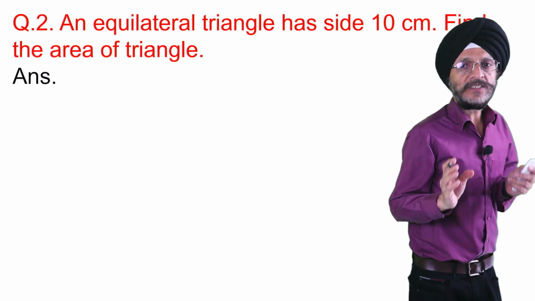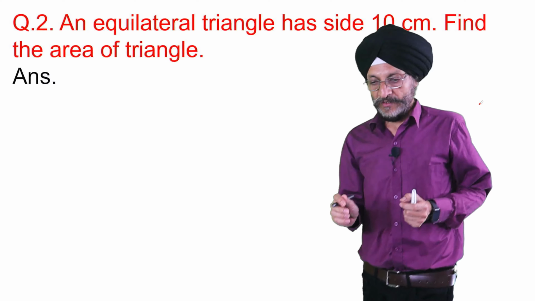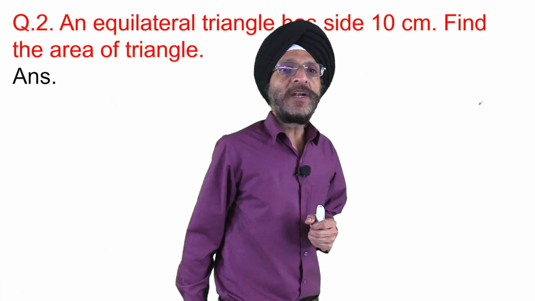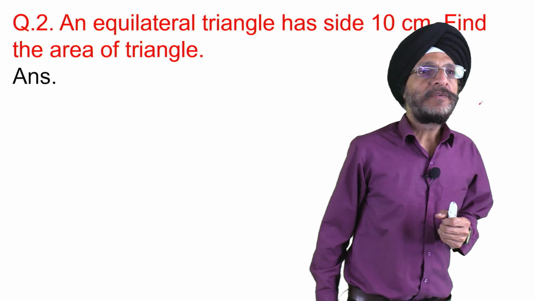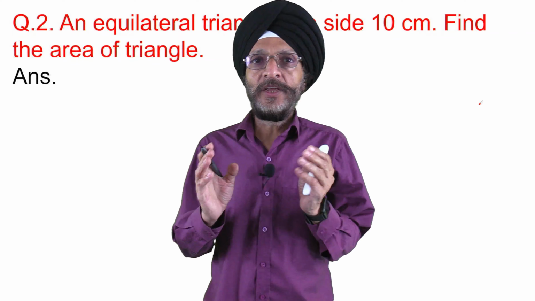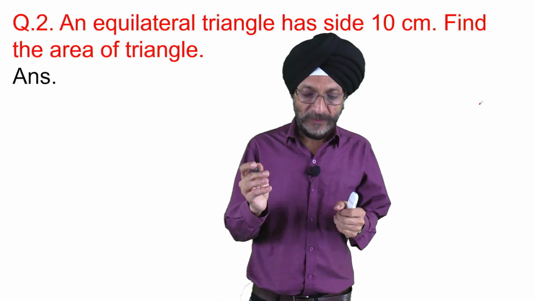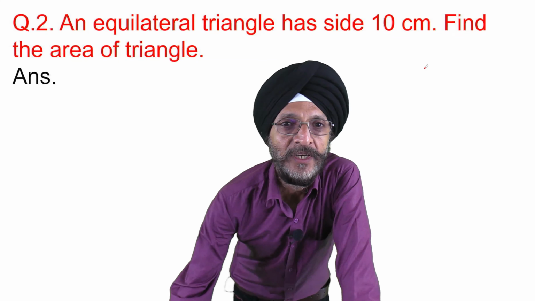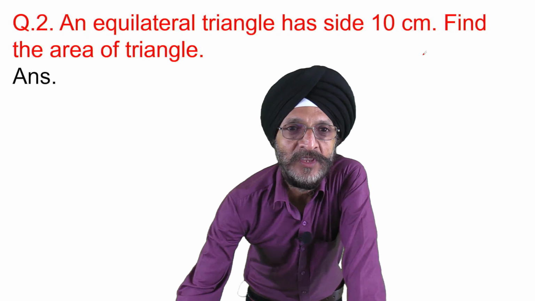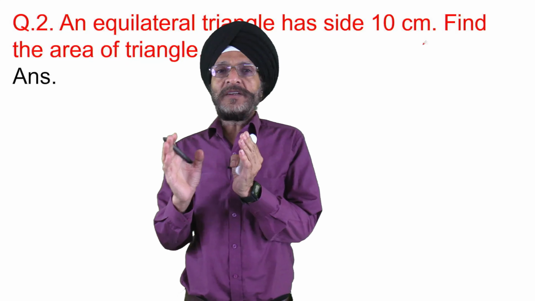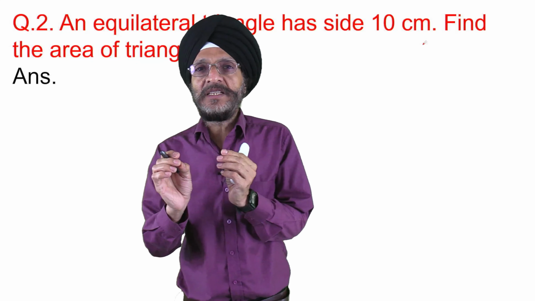Now we will understand how to find the area of an equilateral triangle with the help of Heron's formula. An equilateral triangle has side 10 centimeter. It has been mentioned in the question that the triangle has side 10 centimeter.